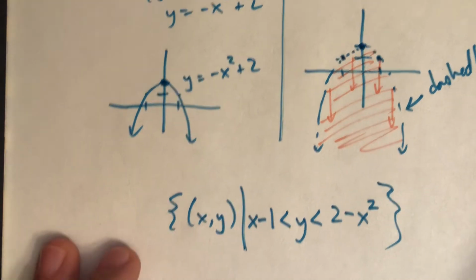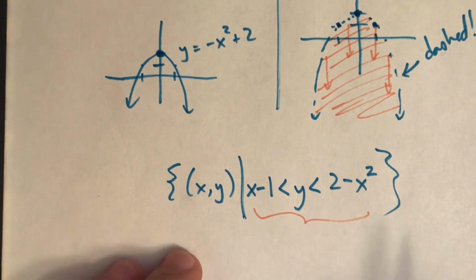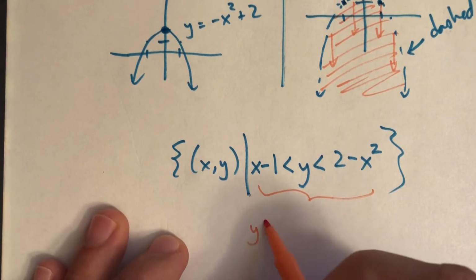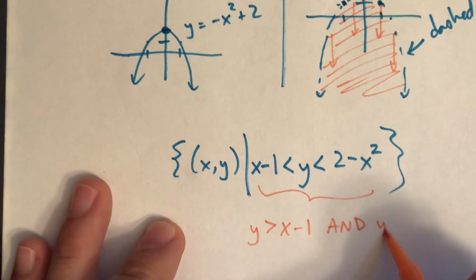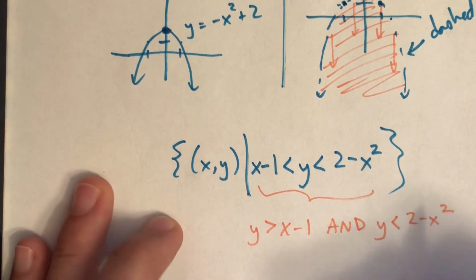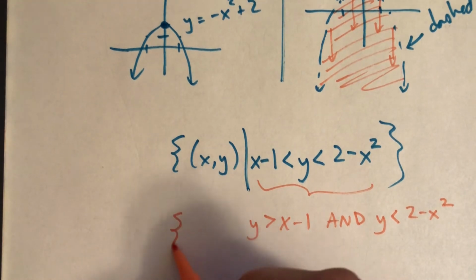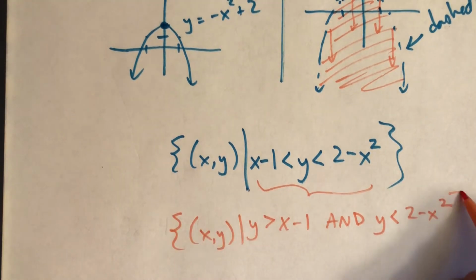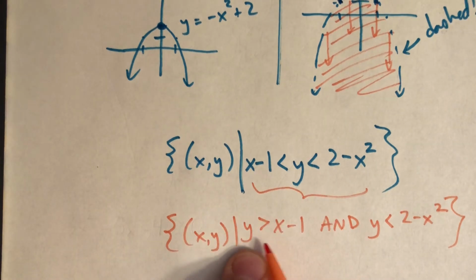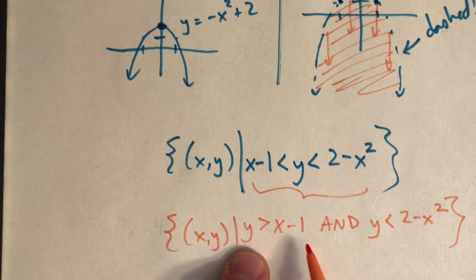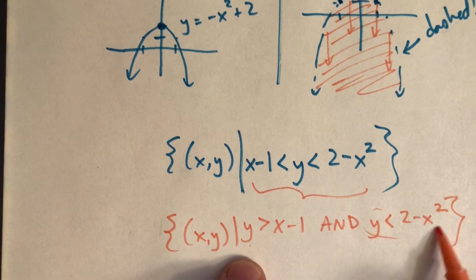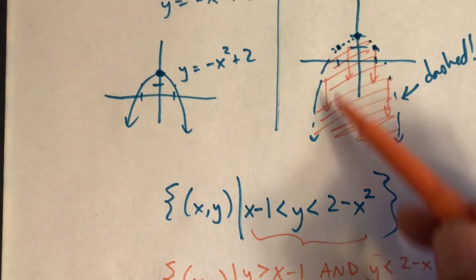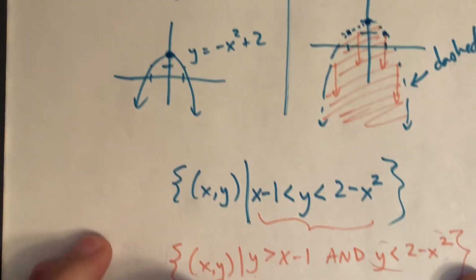I can rewrite that and say y is bigger than x minus 1 and y is less than 2 minus x squared. I have to have both of these things true. Our y value has to be bigger than x minus 1, and our y value has to be less than 2 minus x squared. We already drew a picture of that, right? But let's add this other thing to our picture.